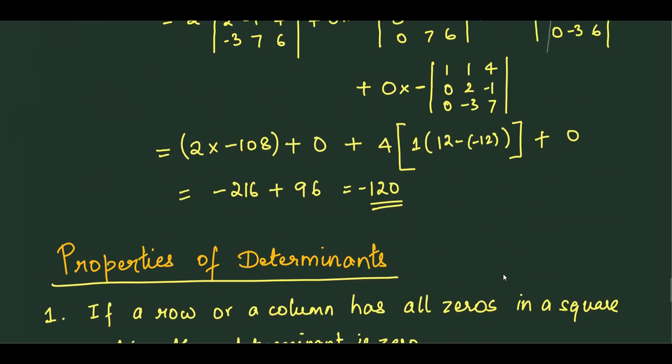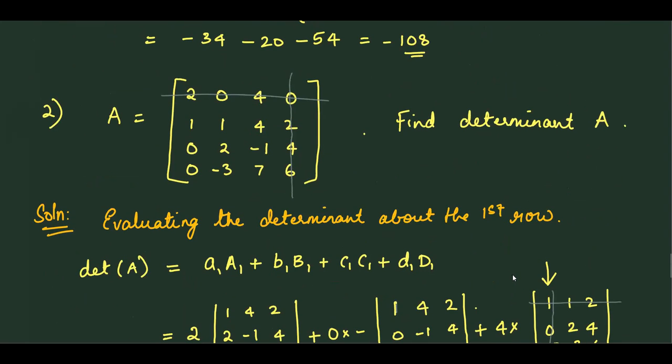The logic is very simple. See this. Suppose I interchange first row and second row, and let's say I expand about the second row, not the first row. The elements will be the same, 2 0 4 0. The second row goes to first row, and now instead of evaluating about the first row, I'll evaluate about the second row. So you will get 2 0 4 0 intact.